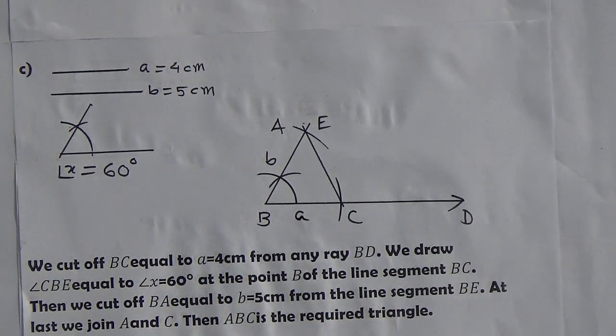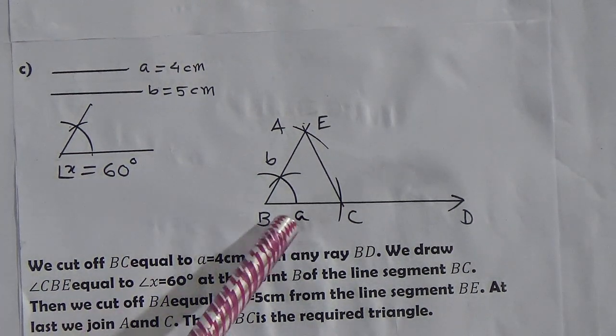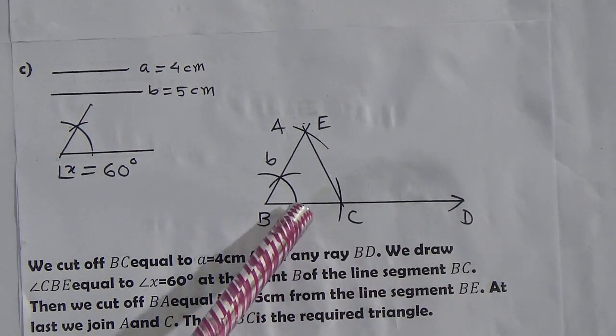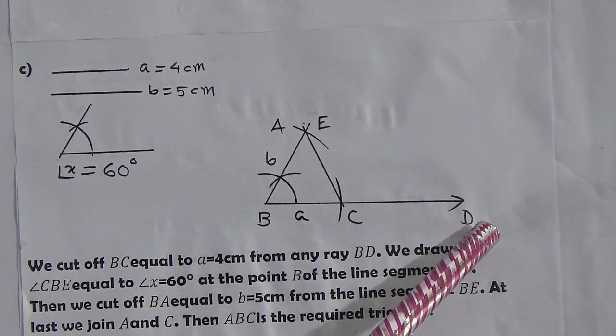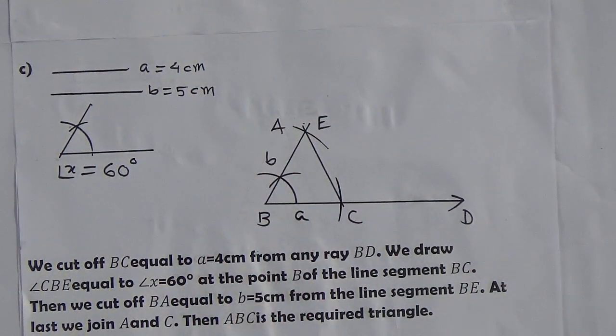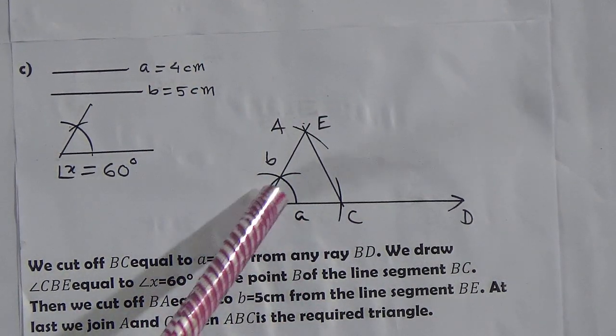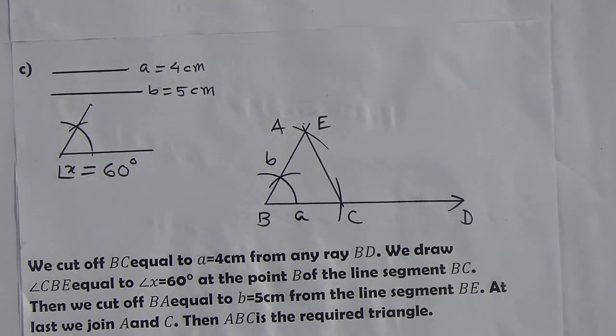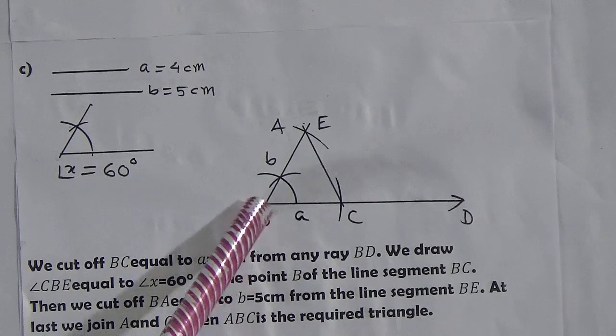I repeat again the procedure of construction. Look, we cut off BC equal to a from any ray BD. We draw CBE equal to x equal to 60 degree here, at the point B of the line segment BC.